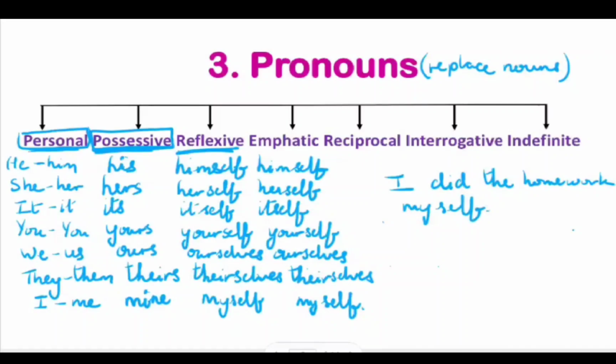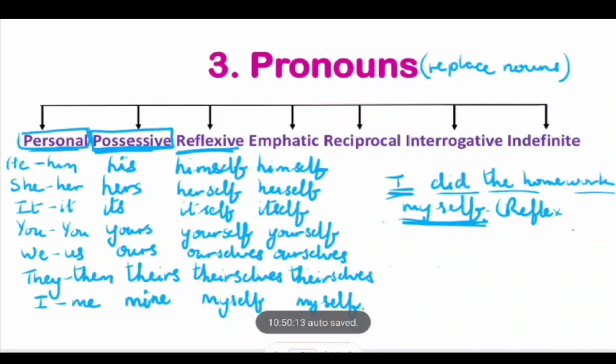Again, in emphatic and reflexive, it is all about the placement. I and myself are lying far apart. There is a gap of a couple of words in the middle. Hence, when there is a gap, it is reflexive. So the word myself here is a reflexive pronoun.